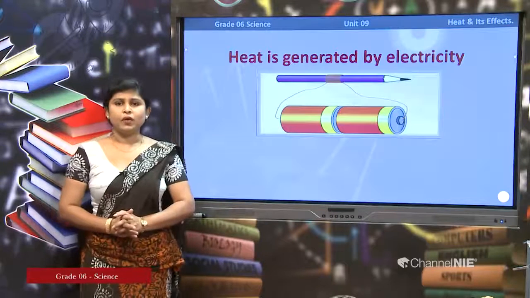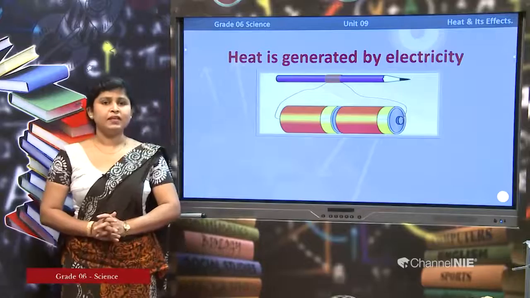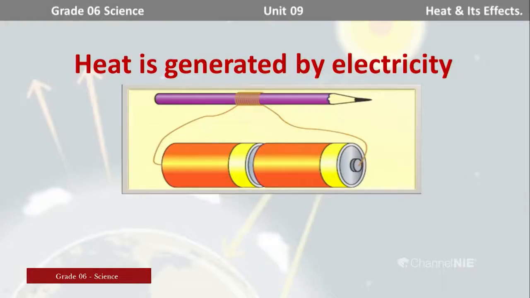We discussed different methods of generating heat: how to generate heat by solar power, by combusting fossil fuels, and by rubbing. Now, we have come to the last point, that is how to generate heat by electricity.